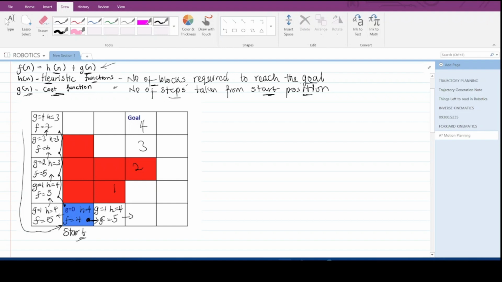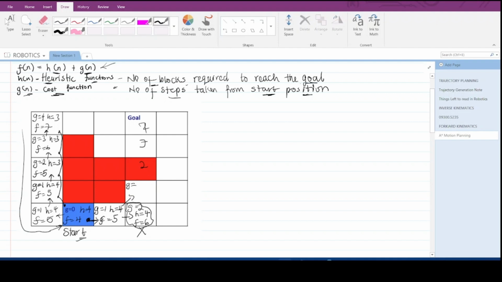You can tell g will be equal to 2 because you made 1 and 2 steps. h is going to be equal to 1, 2, 3, 4. That'll be 4. And f is going to be equal to 6. You can see f is increasing here. That is not a good sign. So this will not be the best path for us to take. So let's try and take this path instead.